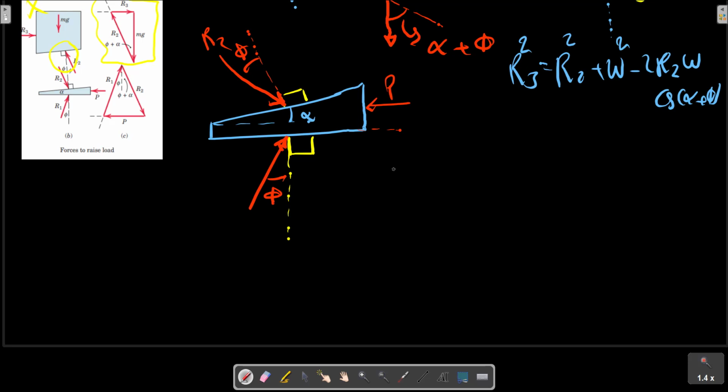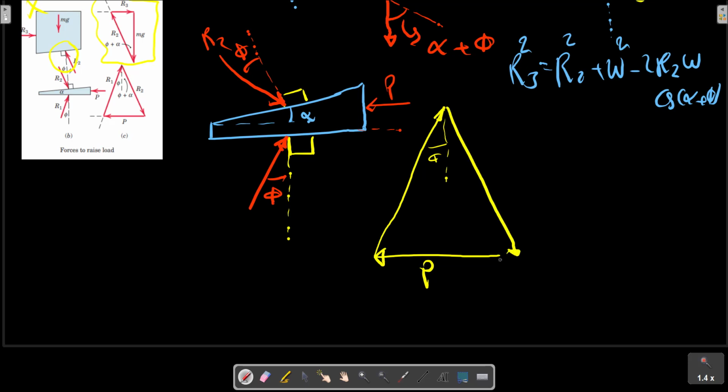Making the triangle, P, R1 with the direction of phi, and R2 with the direction phi plus alpha: R2, R1 and P.